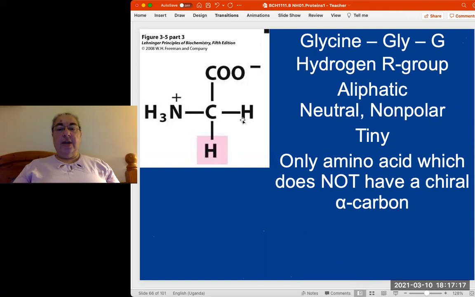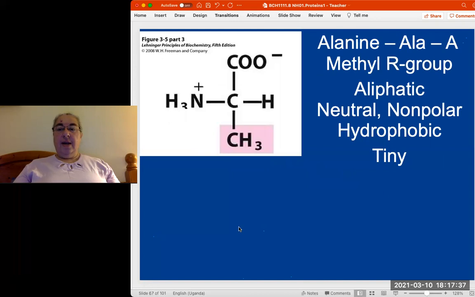And actually, I've told you that amino acids have a chiral carbon, but because two of the groups on this amino acid are the same, it's the only one that does not have a chiral carbon. Okay, there is not an L and D form of glycine. Alanine, also tiny. It has a methyl group, CH3, as its R group. We've already looked a little bit at alanine.